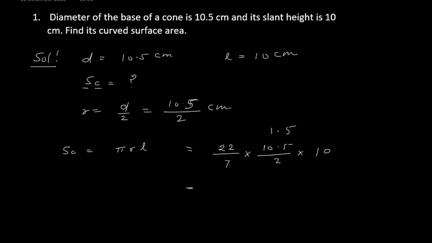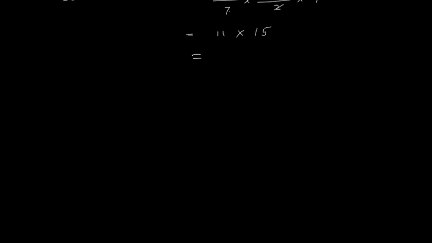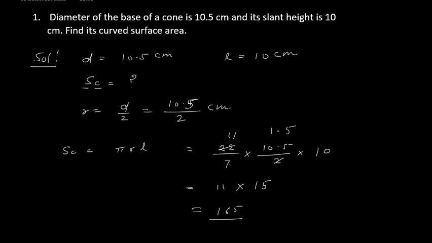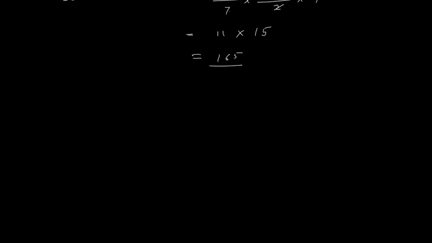And here this 2 I can cancel, this 22 I will get 11. So ultimately I have 11 into 1.5 into 10, so that is 15. Now 11 into 15 is 165. Now what is the unit? Unit is centimeter. So here curved surface area is centimeter square. So 165 centimeter square is your answer.